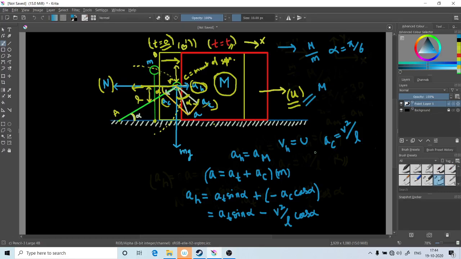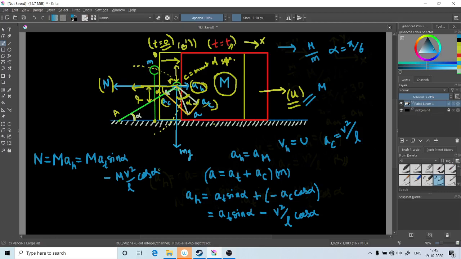The body also has the same acceleration. We can write the equation of motion for the body as N, as N is the only force that is moving the body towards the right direction, which is M a_h, which gives us N equals m a_t sine alpha minus m v square by L cos alpha, where N is the force of normal pressure exerted by the load on the body.